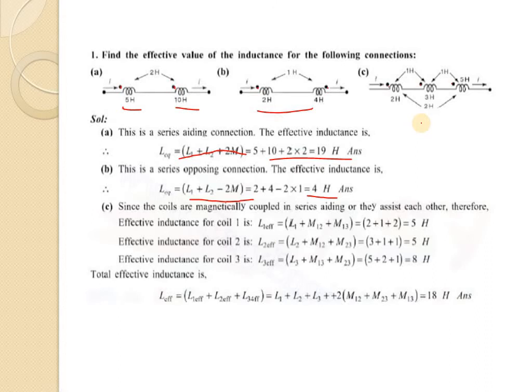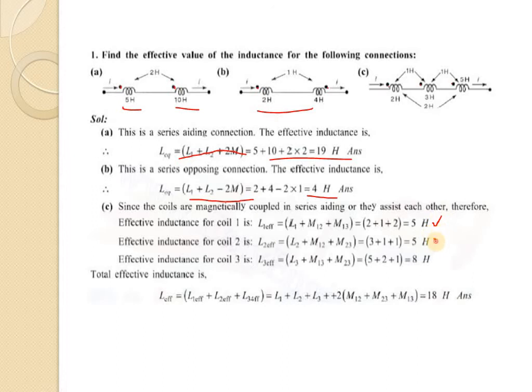Next, the effective inductance for coil 2 will be L2 plus the mutually induced EMF for the first coil, that is M12, and for the third coil M23. All will be positive. And the effective inductance for the third coil will be L3 plus M13 plus M23, and these are the effective inductances in the individual coils.